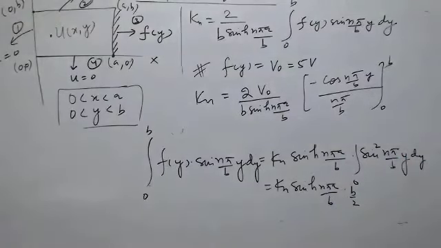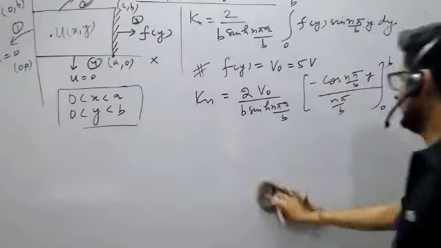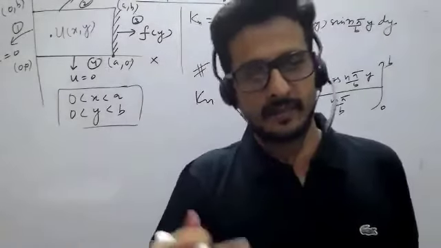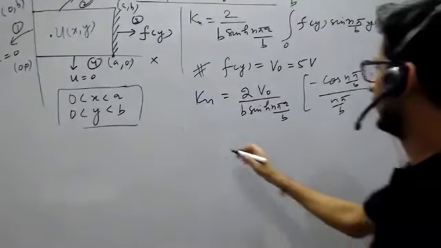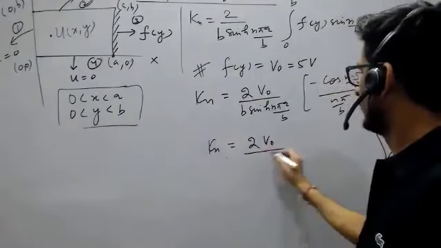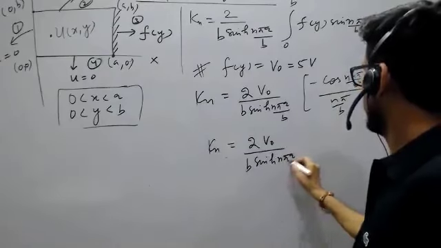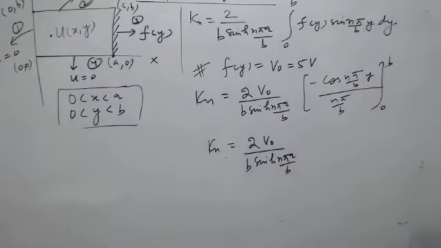Correct? So see, exactly this same type of mathematics is used in Fourier series and Fourier transformation. You just have to enable yourself in this way. So this will become Kn is equal to 2V naught over b sine hyperbolic n pi a by b, and this is also n pi by b.